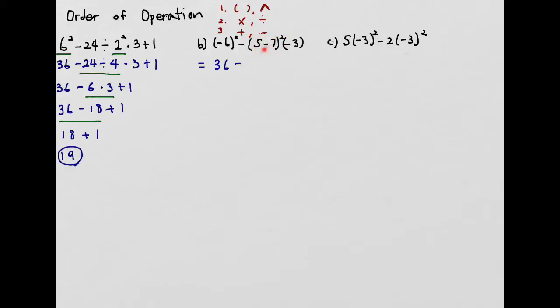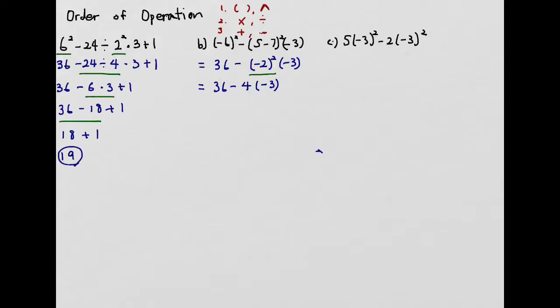So inside is subtraction, so I will do that first. That gives negative 2 squared times negative 3. Then I'm going to do the exponent next. That will give me 36 minus positive 4 times negative 3.